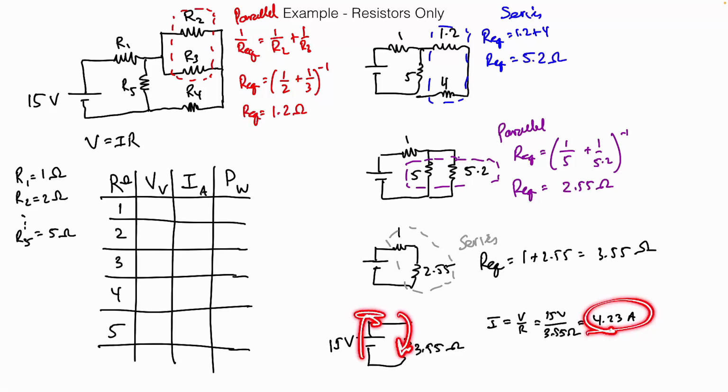But I still have a series connection right here. And so the current has to be the same. That means that the current through my 1 ohm resistor is 4.23 amps.